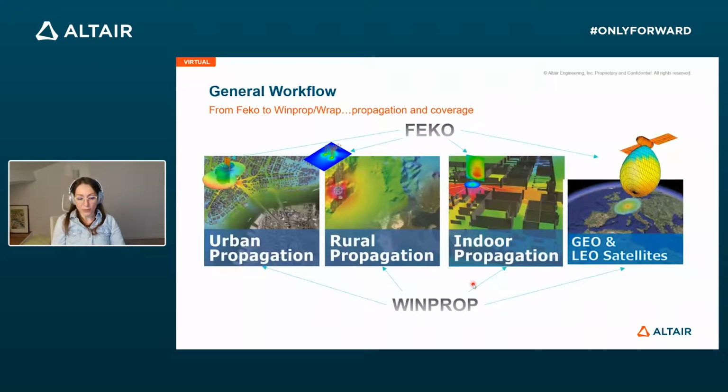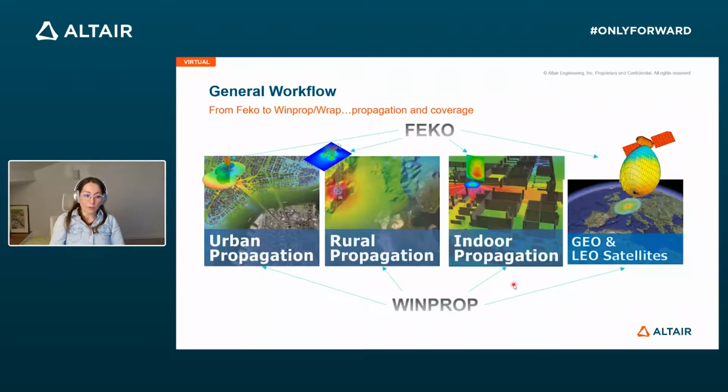So the environment, whether it is an urban environment with buildings or an indoor scenario where we are interested in analyzing the propagation inside a building or, for example, a campus. So staying in small areas, but also moving all the way to rural propagation cases where the terrain effect comes into interest to be able to perform proper analysis.